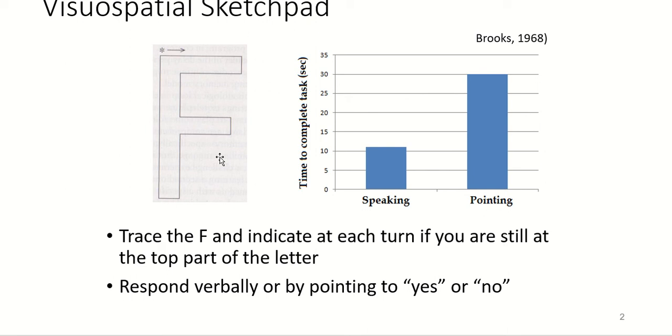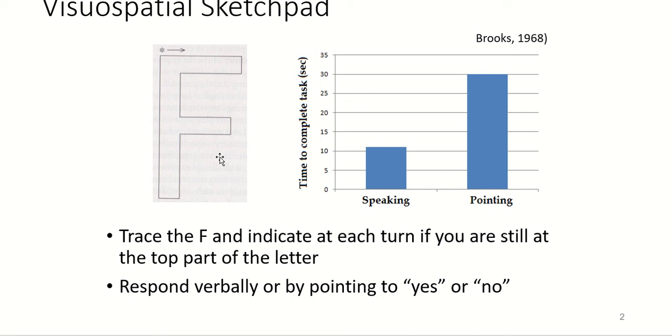Now, that's an important manipulation that's meaningful because pointing is a visuospatial task. So that task would involve the Visuospatial Sketchpad. Speaking is handled by the phonological loop, so that's a separate system. So that shouldn't really have sort of the same level of difficulty as pointing would in this particular task.